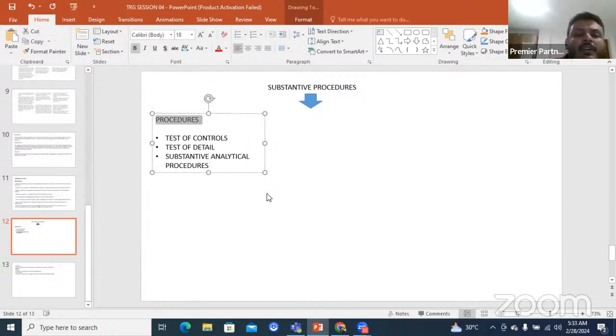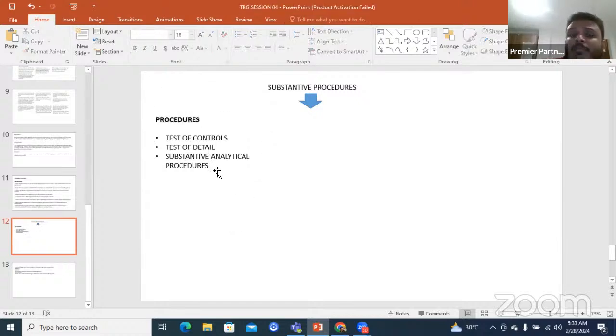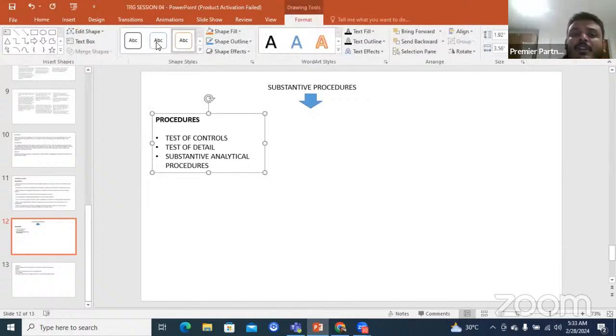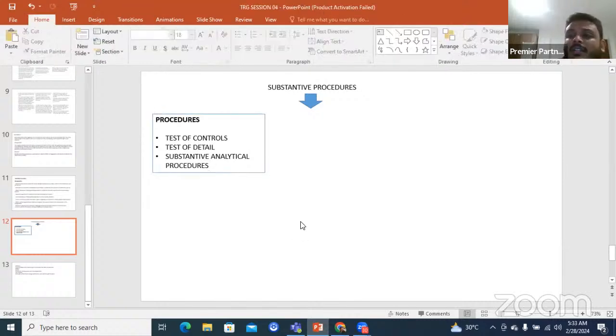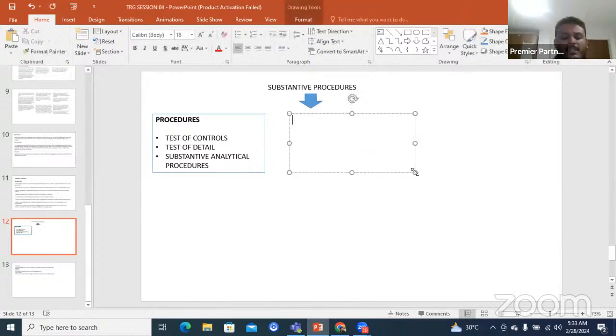The verb is very important when it comes to substantive procedures. Don't just treat all the questions as the same. If the examiner is asking you to write procedures, then you can write test of control, test of detail, and substantive ARP, analytical review procedures. In some past paper questions, the verb is substantive procedures.